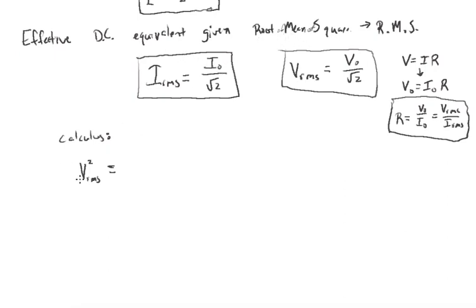So let's go ahead, and this is it squared. Now let's take the mean. Essentially what you do to take the average of something is you add it all up, and then you divide by the total. So we're going to divide by one whole period of the cycle. Remember, this is a graph that looks like this, so we're going to go through one whole period of it, and it's a sine wave.